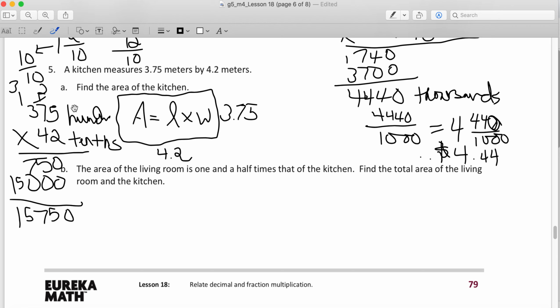Don't forget that I now have to write this in my unit form. So this is hundreds, this is tenths. How many decimal places, excuse me, how many place values do I have here? Got 1, 2, 3, 4, 5. Oh, wait, hold on. So this would be tenths, this would be hundredths, this would be thousands, right? This is what?